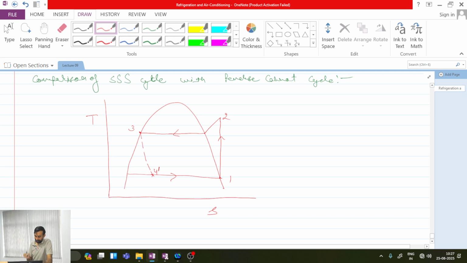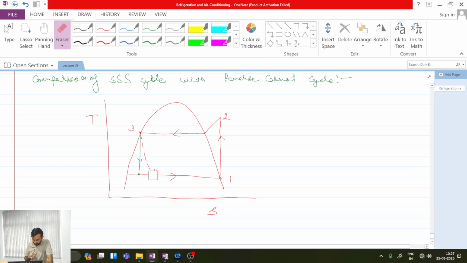And if on the same cycle I have to superimpose the Carnot cycle, how will it look? Let me use the label 4 for this, and state point 4 for this, and 4 dash for this. Okay, all are clear with this point?